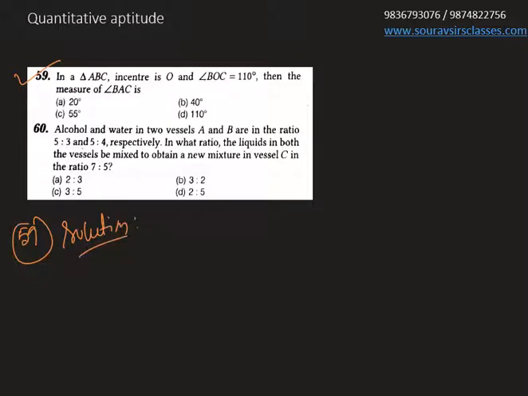In a triangle ABC, incenter is O and the angle BOC is equal to 110 degrees, and we need to find the measure of angle BAC. So first of all, we draw the required triangle ABC.